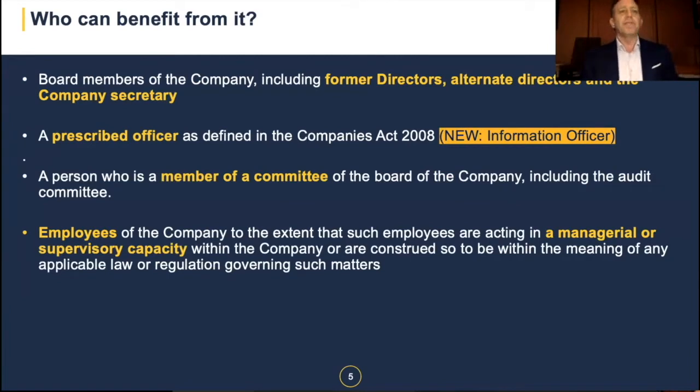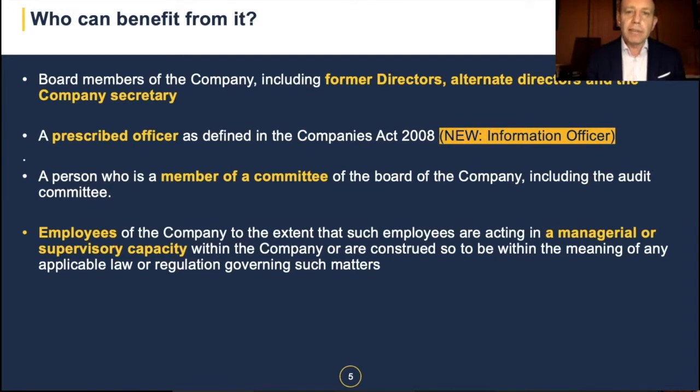Who should have this? Well, the board, obviously, including the former directors and the company secretary. Prescribed officers as defined in the Companies Act, that's your senior managers. And a new one that has just been created on the 1st of July in the POPI Act is the information officer.